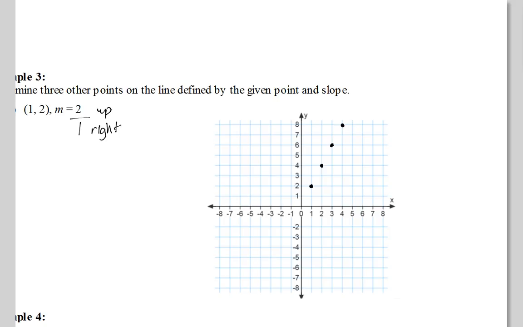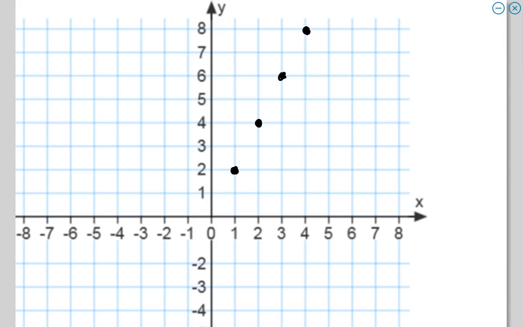Now think about this for a second. This is important to understand. If you go 1 to the right, 2 up, what happens if you go 1 to the left? To stay on that line, you'd have to go 2 down.